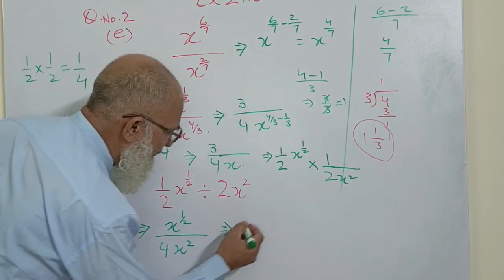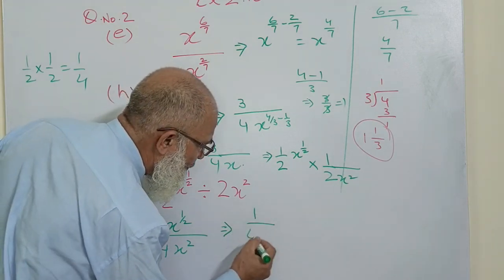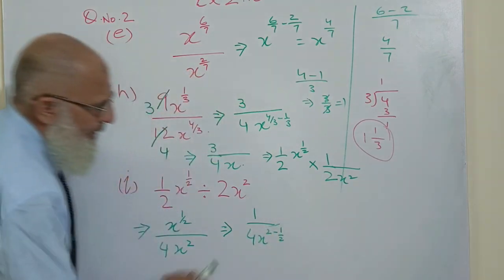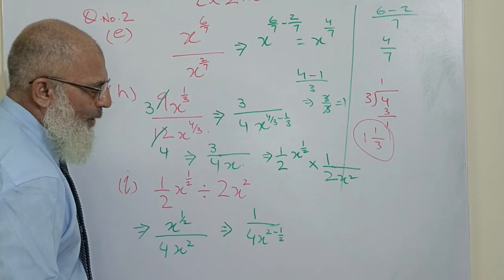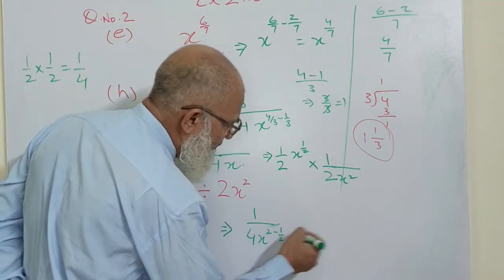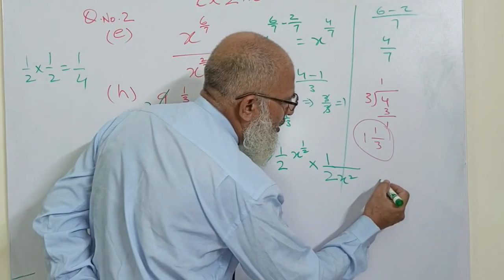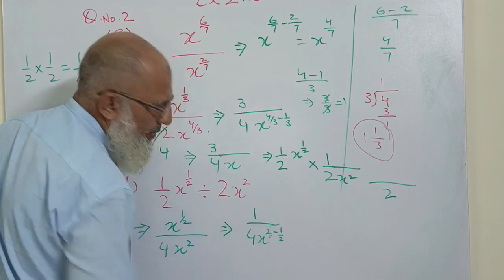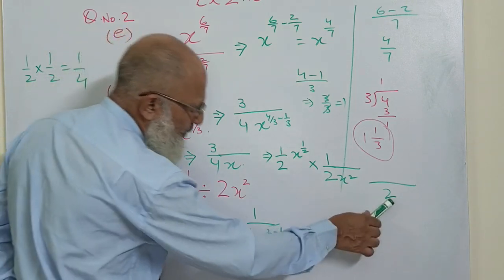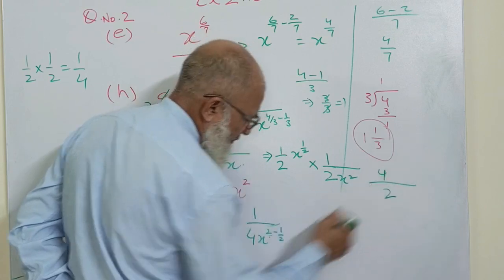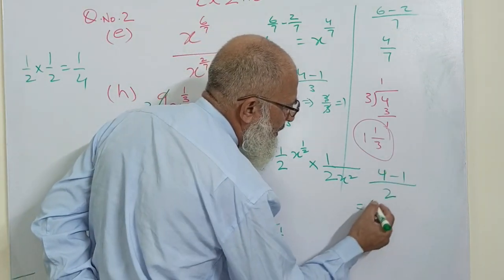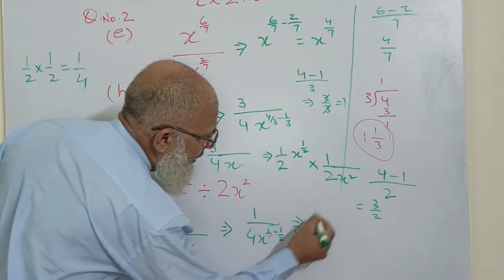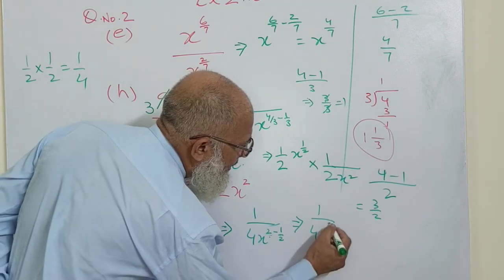It will become 1 upon 4 x to the power 2 minus 1/2. So what will it become? We'll find the LCM, which will be 2, and 2 times 2 is 4, minus 1. It will become 3/2. So the answer will be 1 upon 4 x^(3/2).